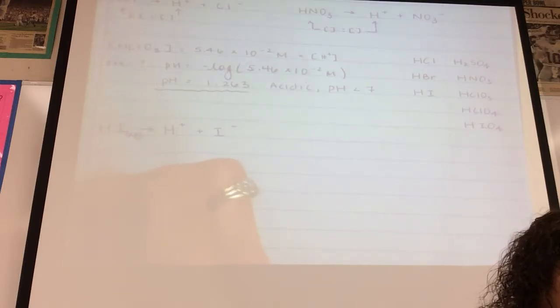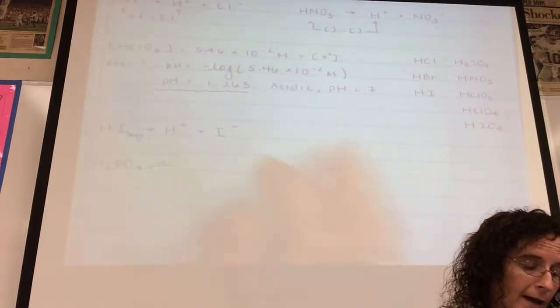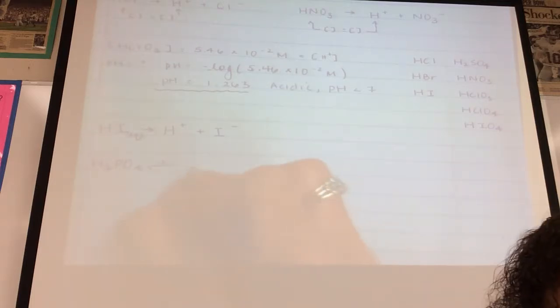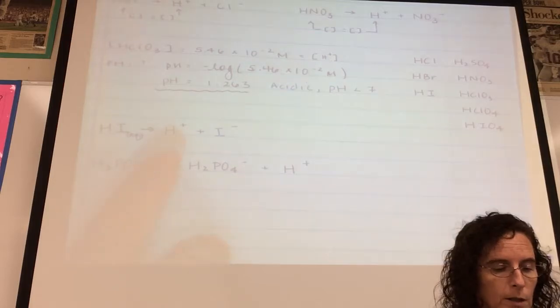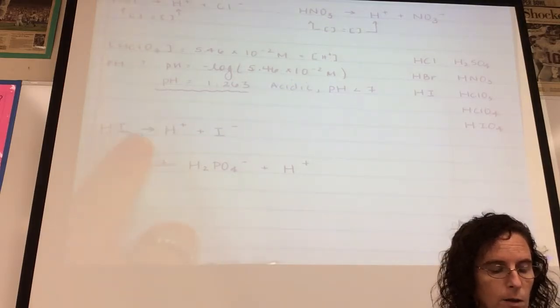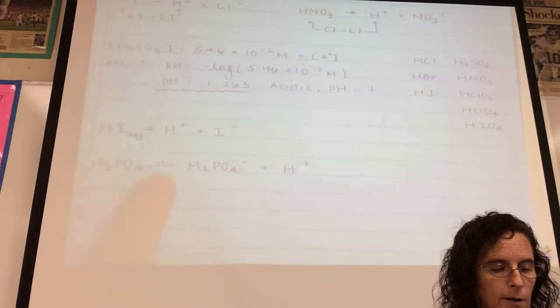Whereas a weak acid, such as phosphoric acid, would be an equilibrium reaction in which the reverse reaction is favored. As such. So that's the only other way you'd be able to tell. Goes to completion, that's strong. Equilibrium reaction or reversible reaction, this is weak.